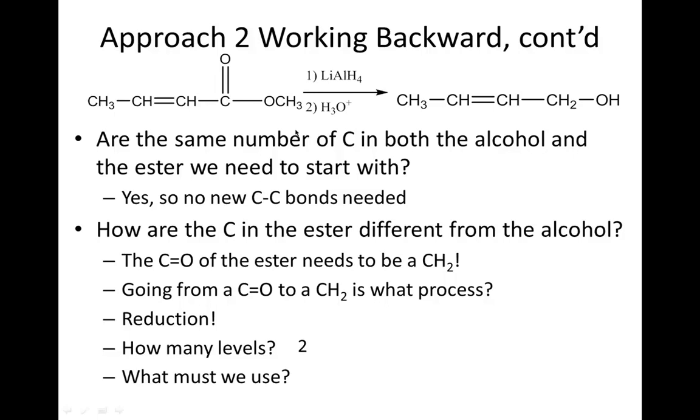So I have talked about 2 different sort of philosophical approaches. I use the same stuff in both approaches, but I'm trying to help you think about how you could think about these things, whether you're starting at this end or that end when you're given a particular starting material.